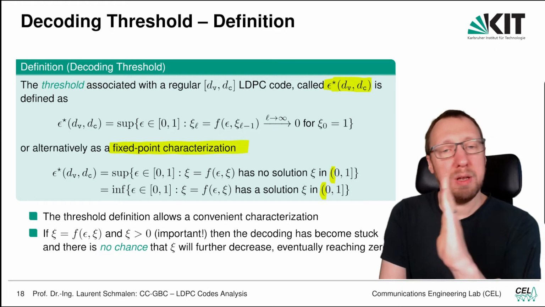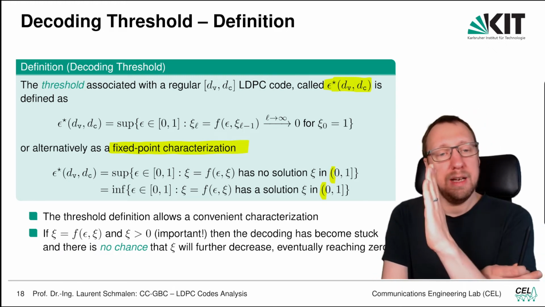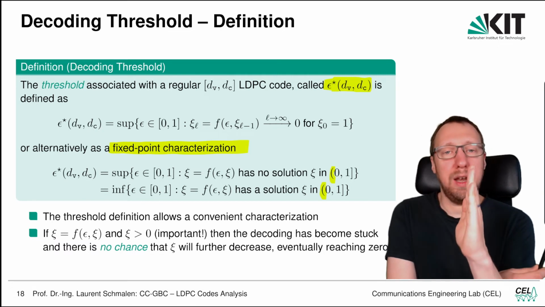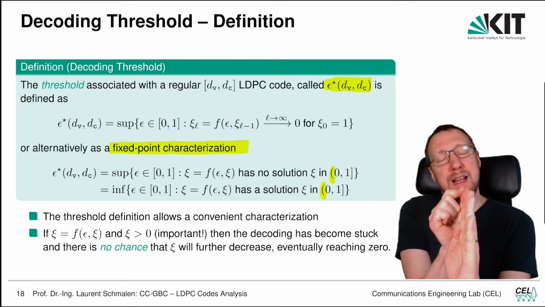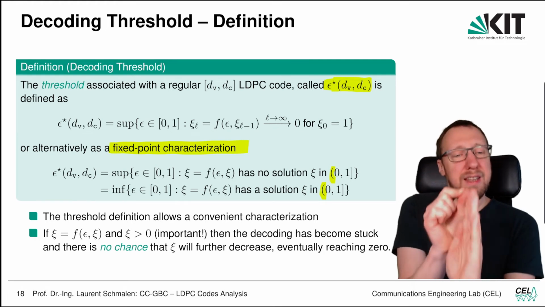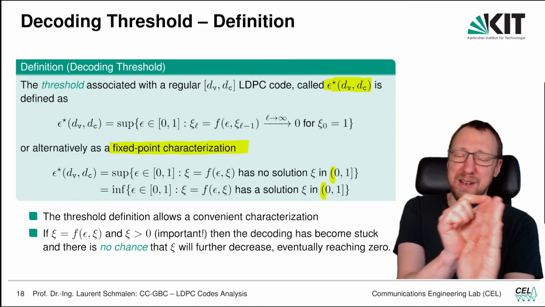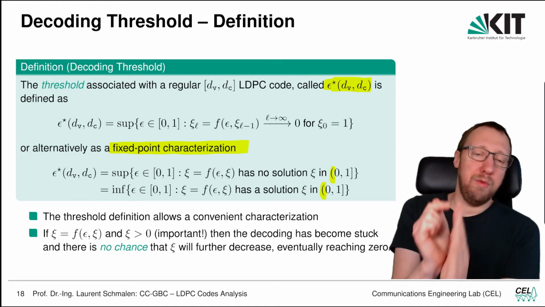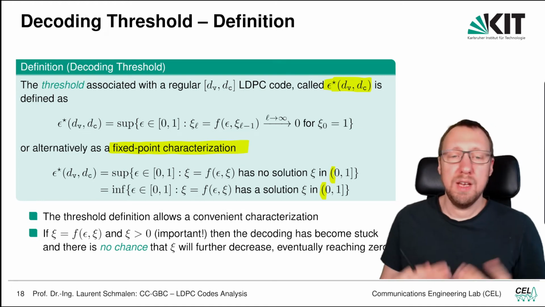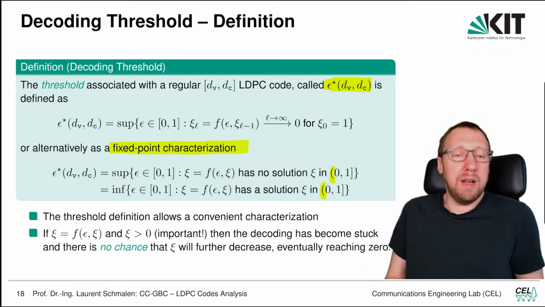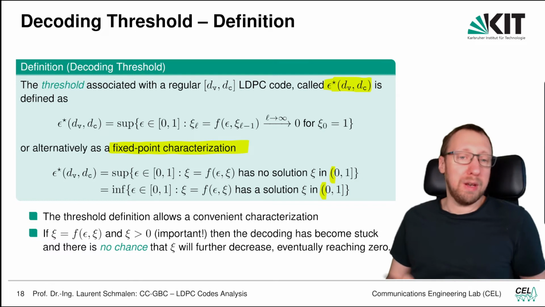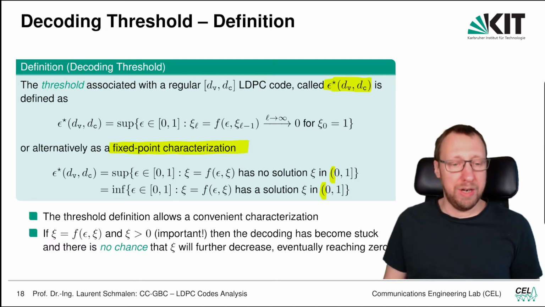This is the threshold because that's where the change happens. If we decrease epsilon by a tiny little bit, then we can decode. So that's the fixed point characterization, and that's the one that we use in the following to obtain the thresholds.